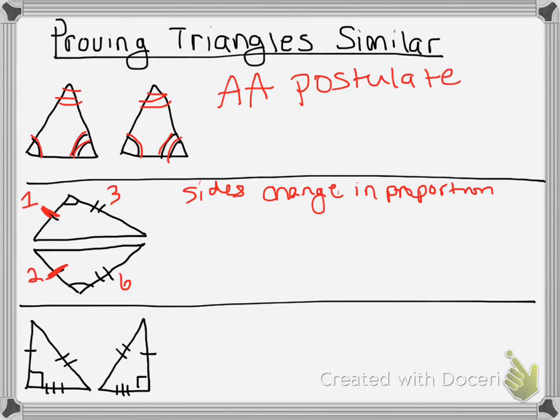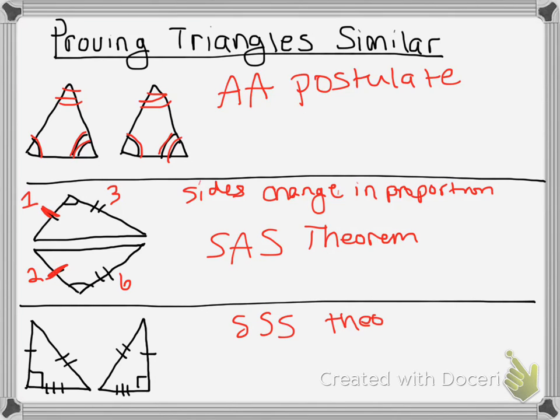So that means that if this one was 3, this one would be 6. So if you knew that two sides were proportional and the included angles were congruent, you could use the side-angle-side theorem to prove that the two triangles are similar. Now again, we're not talking about the sides being congruent.